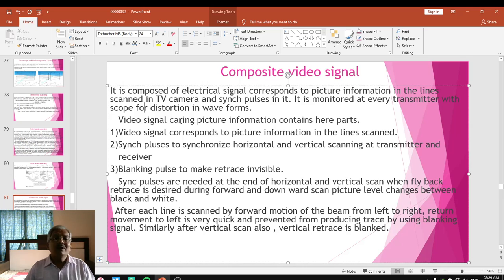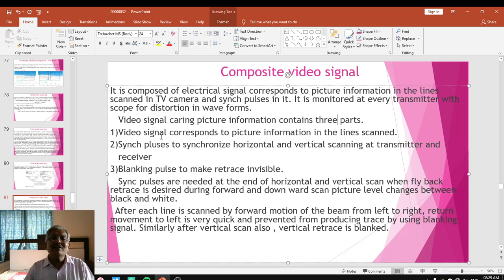Friends, the video signal carrying the picture information contains three parts. What are the three parts?